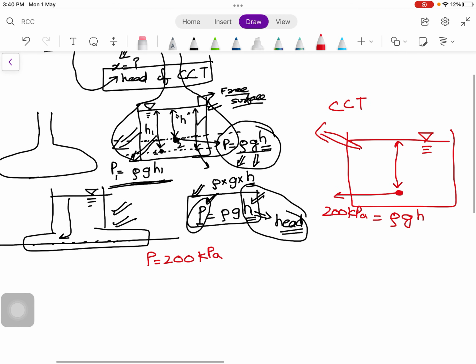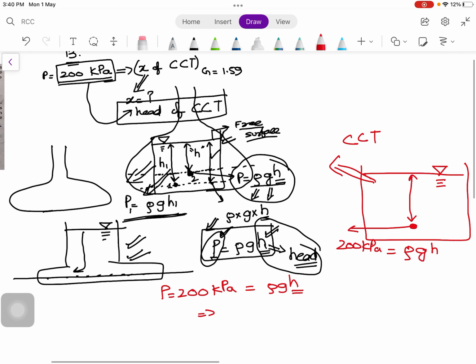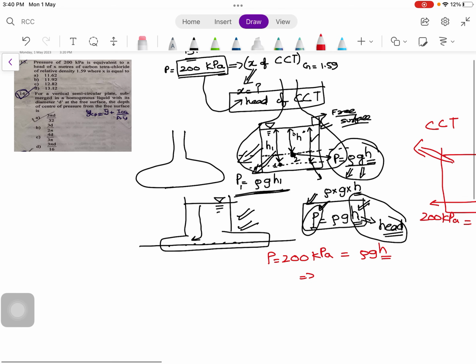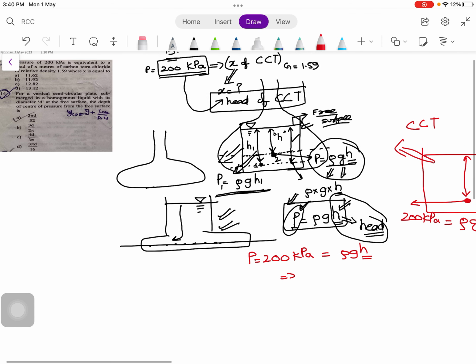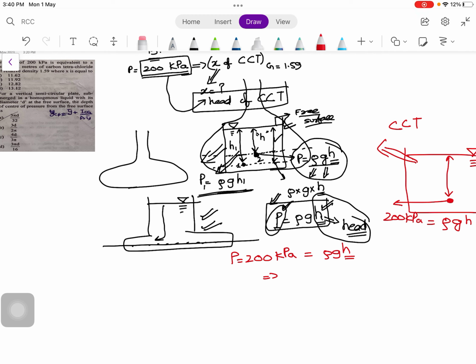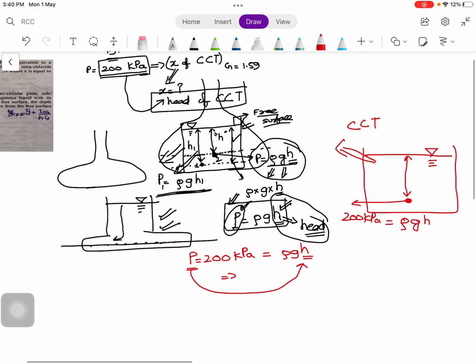So using this formula, that is rho gh, we can find the pressure in terms of the head of carbon tetrachloride.